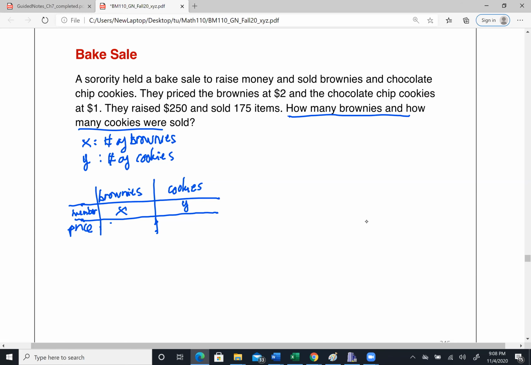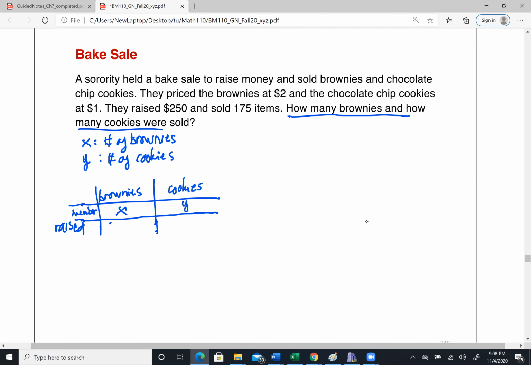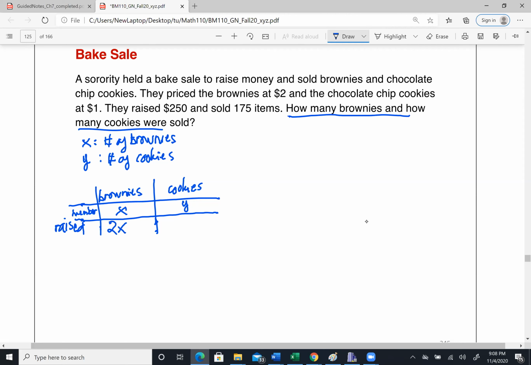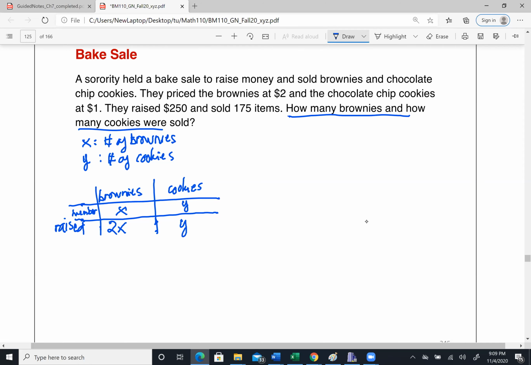Instead of price, I'm going to say raised. So $2 for each means 2 times X is the amount of money you raise from brownies, and for the cookies it's $1 for each, so 1 times Y is Y.